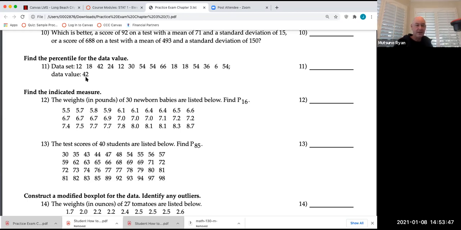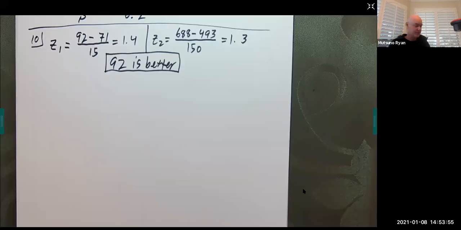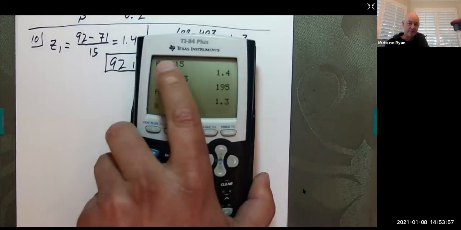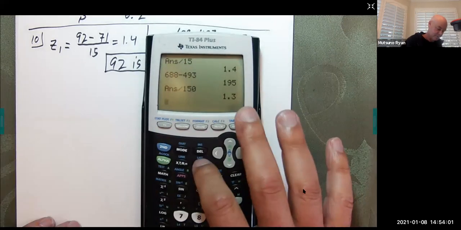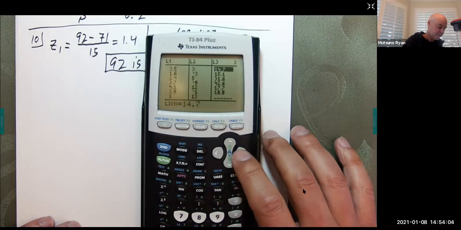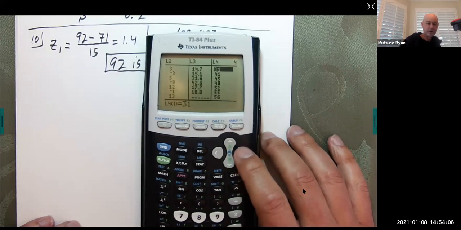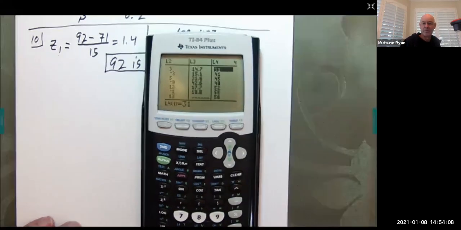What I've done is I have already put these numbers into my calculator to save us some time. To do this, the numbers need to be in order. So let me show you.